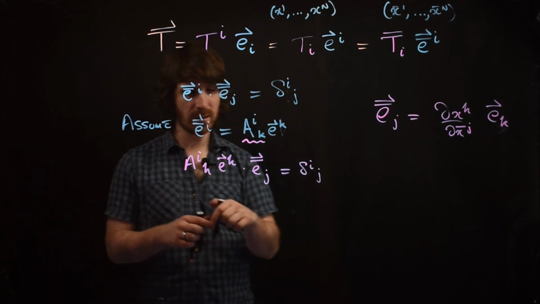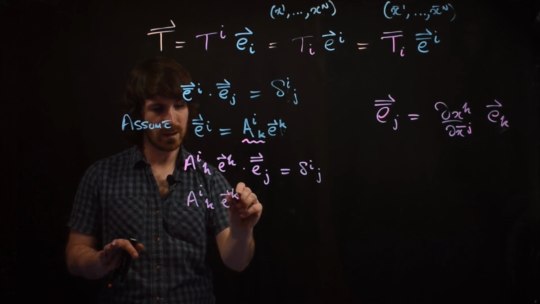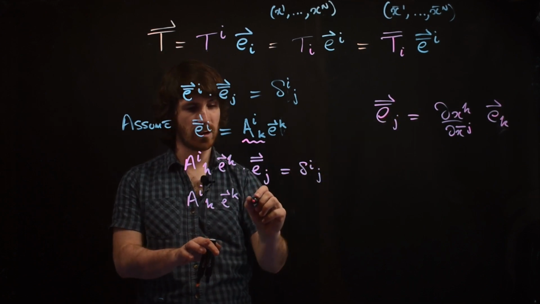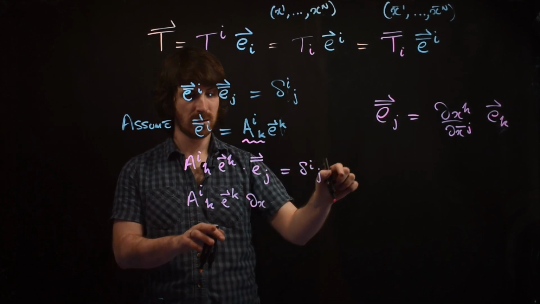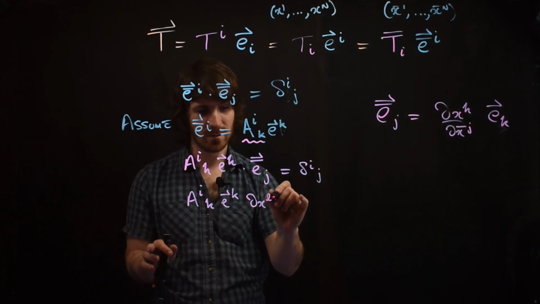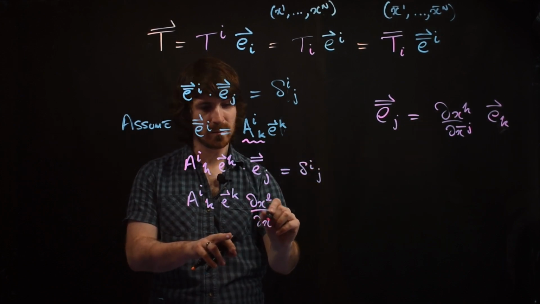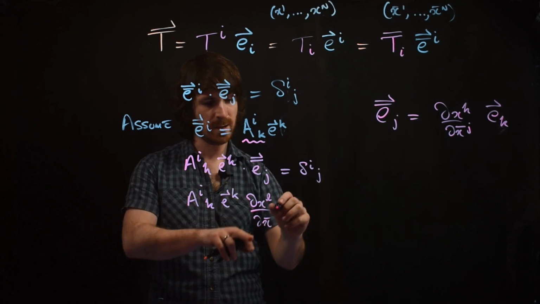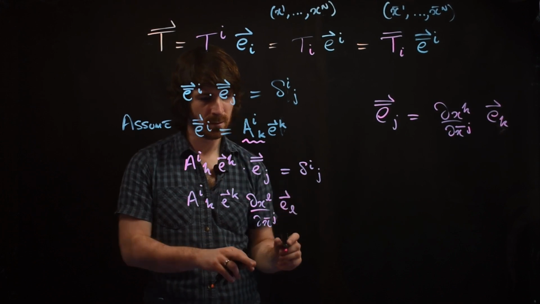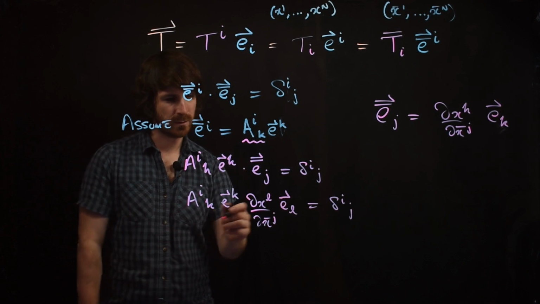So we substitute this in, and we have a^i_k e^k, and e_j bar now becomes dx, and I've already got a k, so let me call it l: dx^l by dx bar j, e_l, equals delta ij, and there's a dot here.